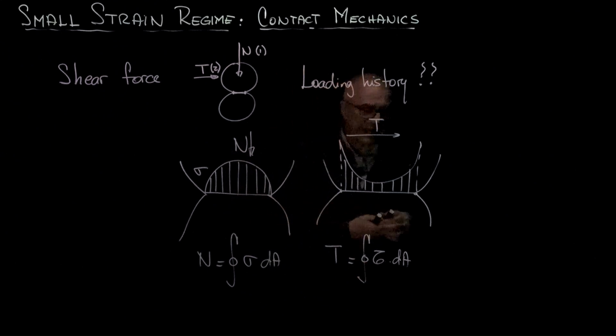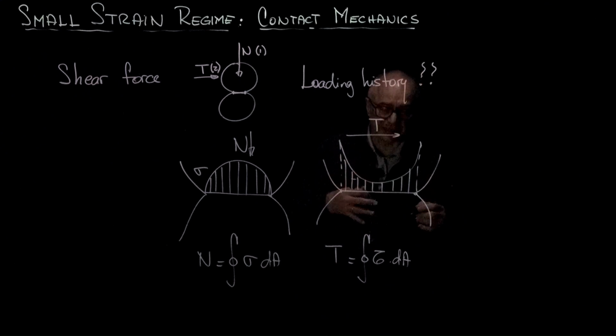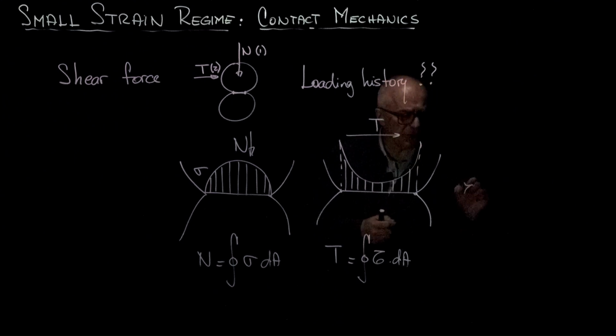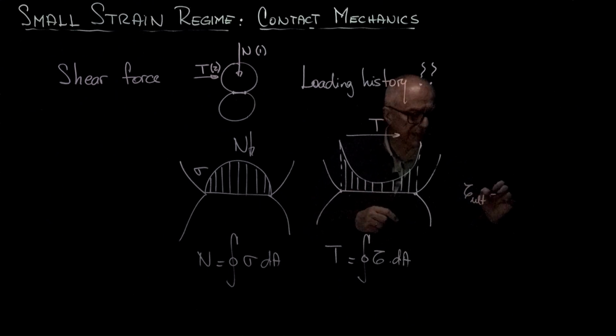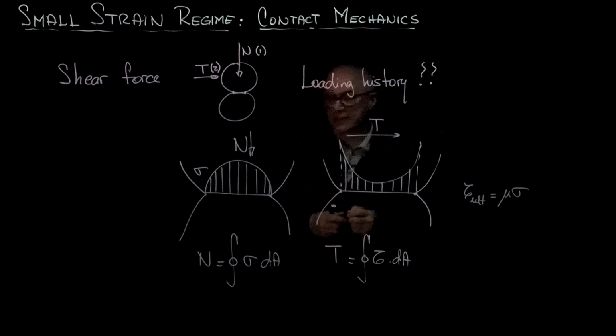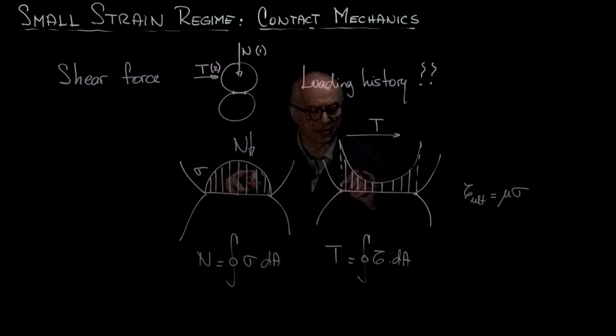And if we assume that the contact is frictional and that it follows Coulomb's law, then the tau ultimate at any point has to be mu sigma. And so if I take the sigma and I multiply sigma times mu, I get a distribution here that looks like this.